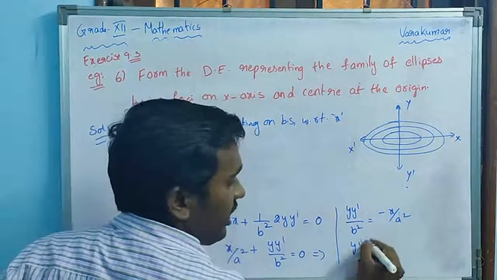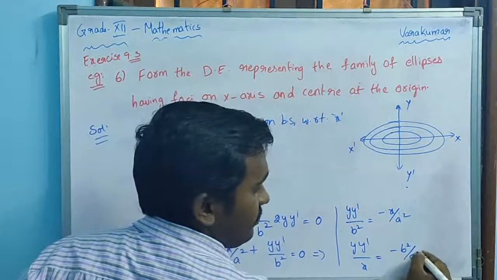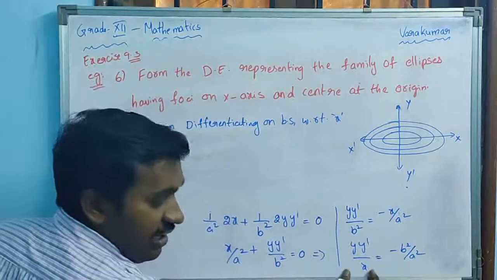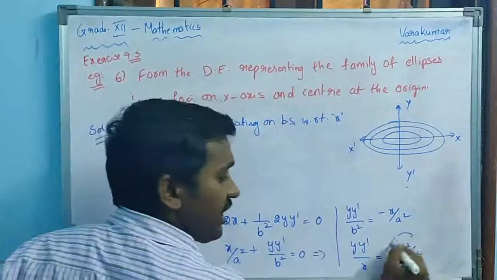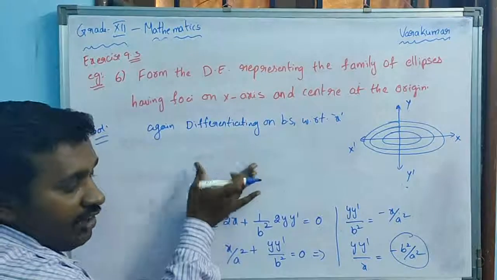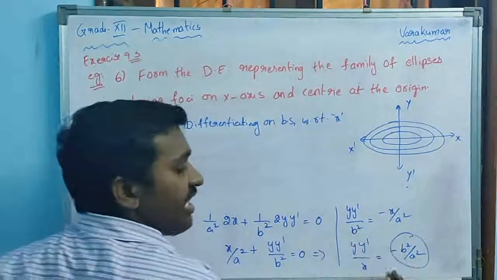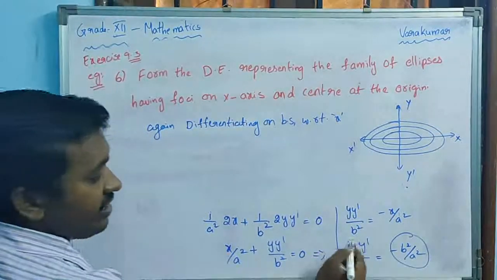Now y y dash by x is equal to minus b square by a square. If you do the differentiation, this side only has xy terms and the other side is constant, so when you differentiate, it becomes 0. So instead of going blindly, you have to take some steps for simplification, like how to eliminate a and b. Okay, fine.